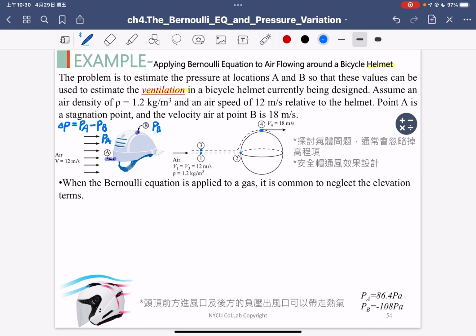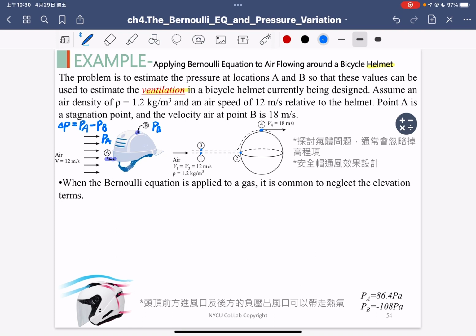You have point 1 to point 2 located on the same streamline, right? And point 3 and point 4 located on the same streamline. So you can individually apply the Bernoulli equation for 1 to 2 and 3 to 4.